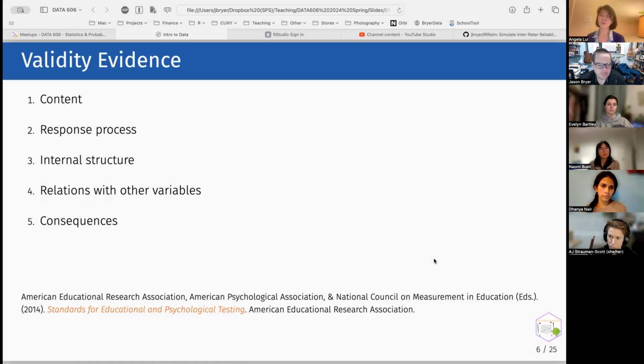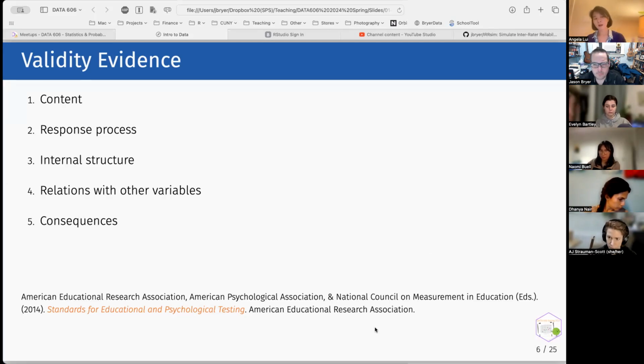More recently, we have come to conform to something called the unitary approach to validity, written about in the AERA, APA, NCME Standards book. That's been our Bible because we review it for the sources of evidence that we want.